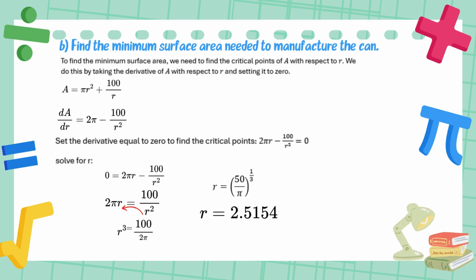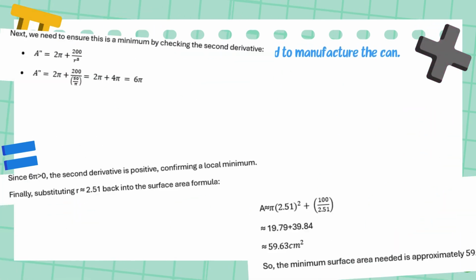The surface area A is given by A equals pi r squared plus 100 over r. We need to use calculus to find the radius r that minimizes A. This involves taking the derivative of A with respect to r, setting it to 0 and solving for r. The critical point is r equals (50 over pi) to the power of 1 over 3, which approaches 2.51.